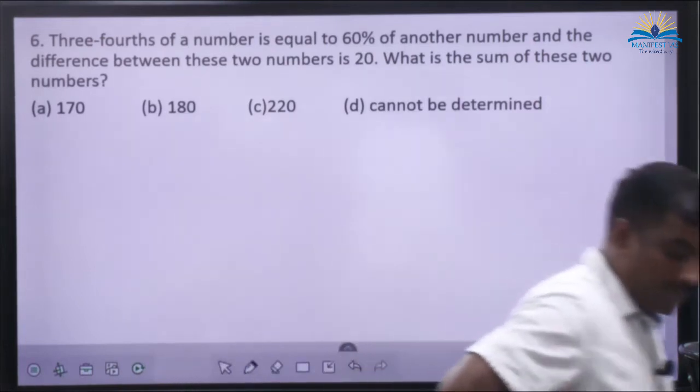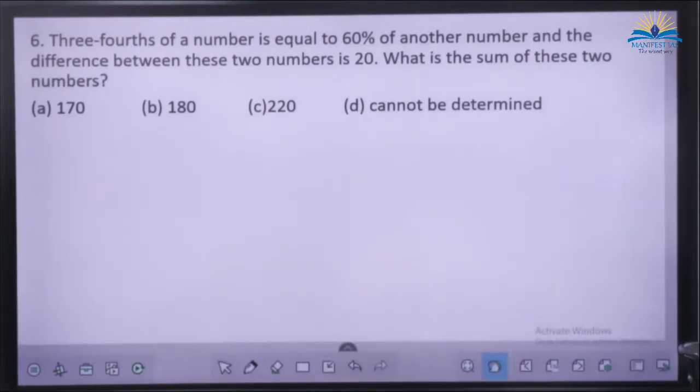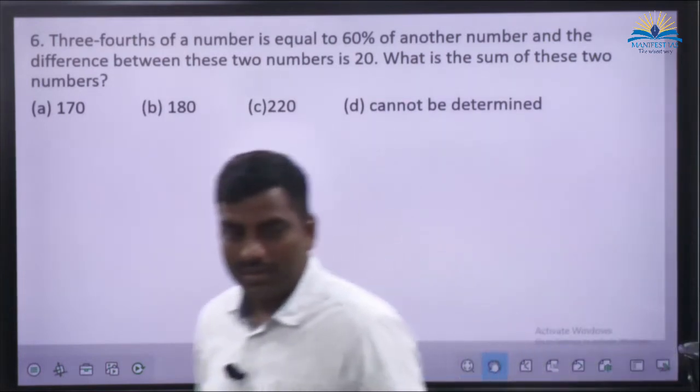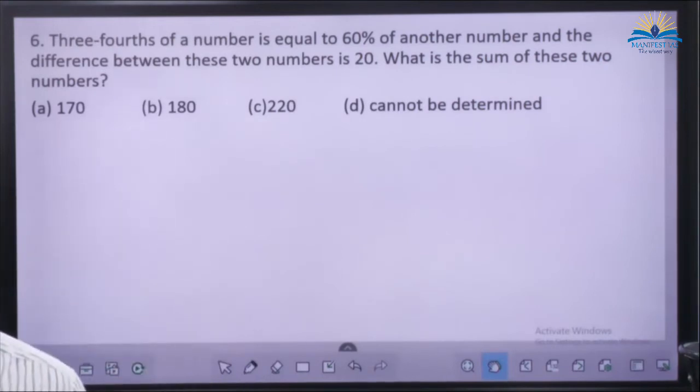Good. Done? Okay, right. 3/4 of a number. 3/4 of a number is equal to 3/5 of, or 60% of, another number.